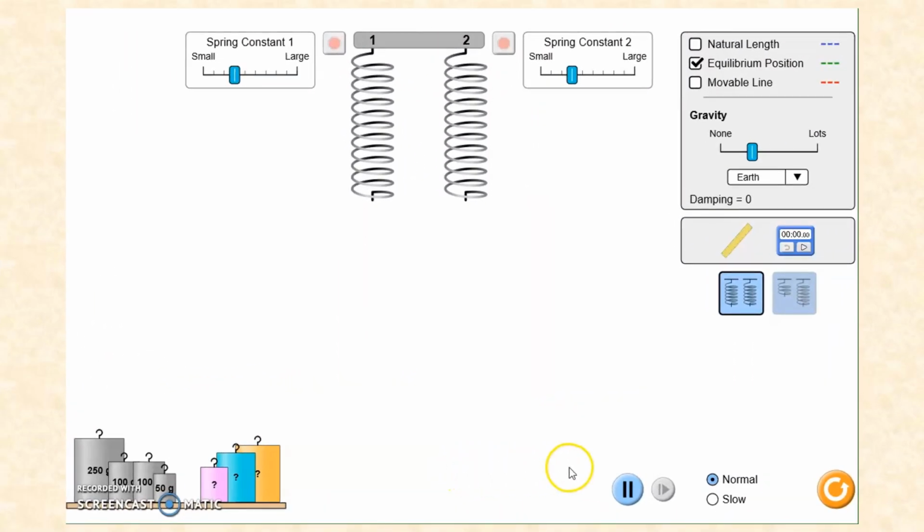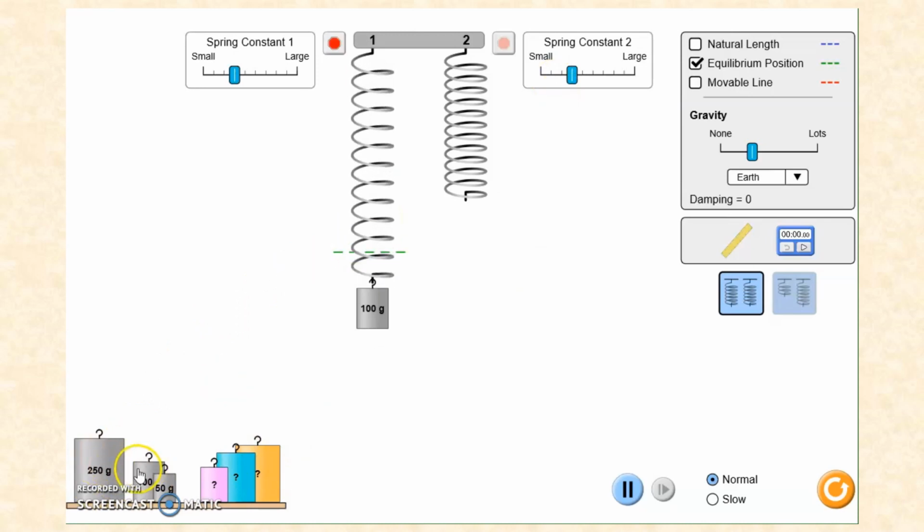In this second simulation, we'll see how the amplitude of vibration affects the period of the simple harmonic oscillator. To run a controlled simulation, we'll keep the spring stiffness constant for both springs. We'll also keep the mass constant, so let's put a 100-gram mass on each of the springs.